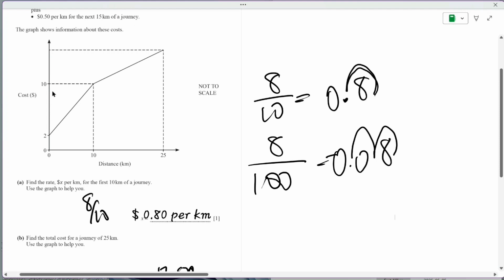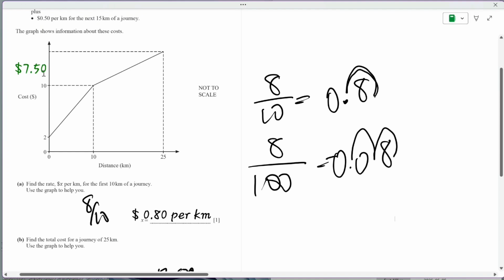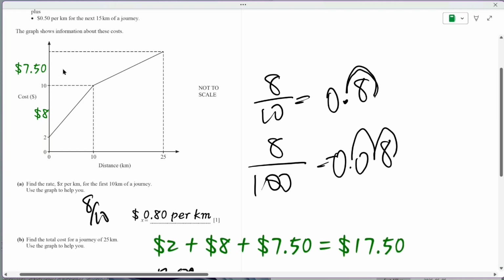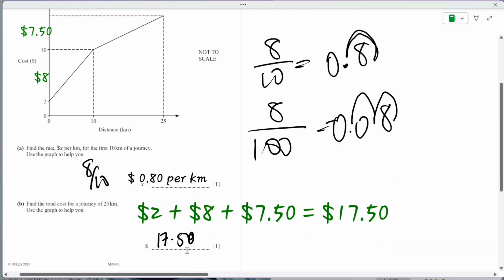And you need the actual amount paid for the total 15 kilometers. Once you get that, which is $7.50, you add it to the $10, because the $10 covers the initial $2 plus the $8 paid for the first 10 kilometers. That's here. That sums up to $10 plus the $7.50 adds up to $17.50.